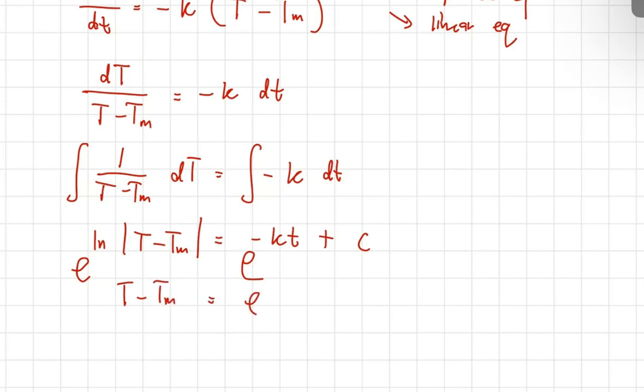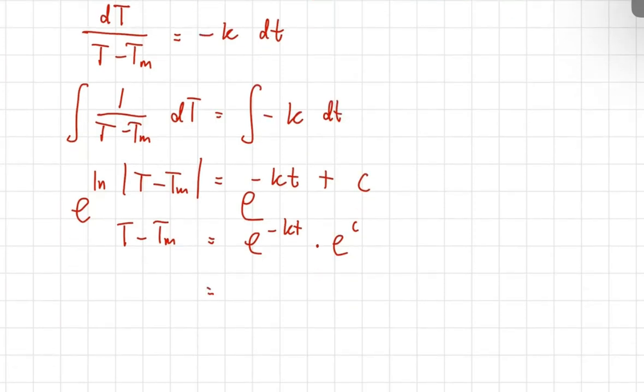Here I have exponent of negative kt, and by using the power rule, when we have a plus, this is multiplied by another exponent, e to the power c. e to the power c is a constant. Why not rename this one as A, multiplied by e to the power negative kt.